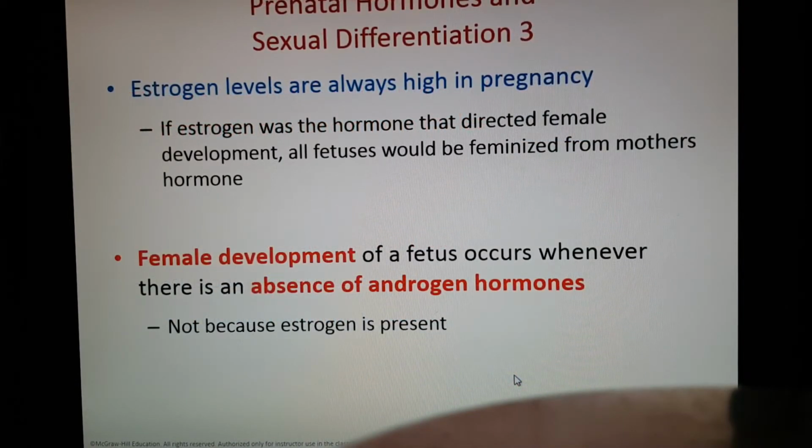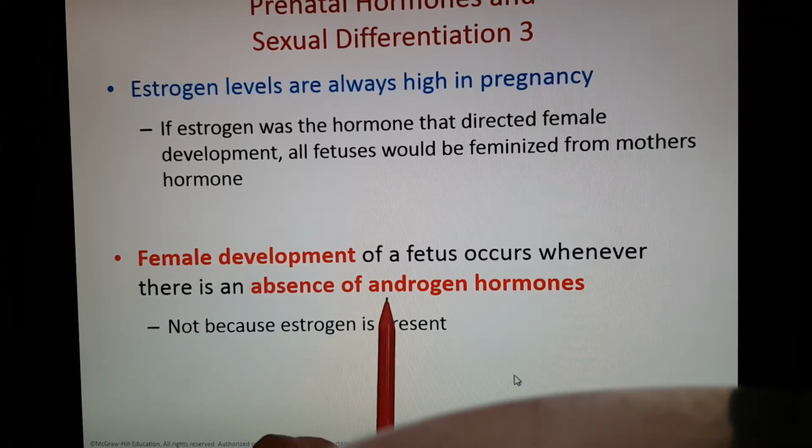Okay, so what helps to guide the fetus into developing into a female has nothing to do with estrogen levels during development, because they're very high during pregnancy. The mother who's carrying the child has very high estrogen levels during development. So it's not the presence of estrogen that causes female development.